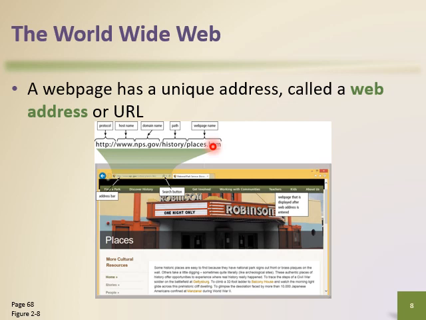This path, history slash places.htm, is a web address that identifies that a web page is located in the folder named history on the web server of the website nps.gov. Whenever you enter this web address, it will get the IP address from nps.gov, and then it will send a request to the web server to open up this places.htm from the folder history.